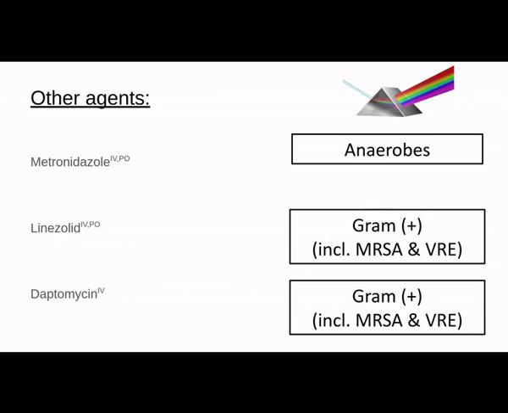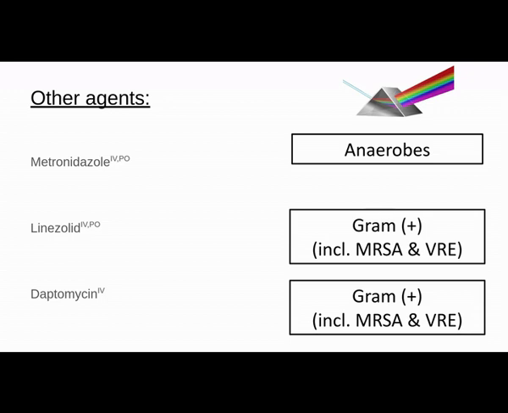There is no cross-resistance between it and the other ribosome or translation inhibitors. And one of the big reasons it's not used more is because of the fear of serotonin syndrome, which was probably overblown. And another issue is myelosuppression when it's used for more than 2 weeks. And that fear is definitely not overblown.